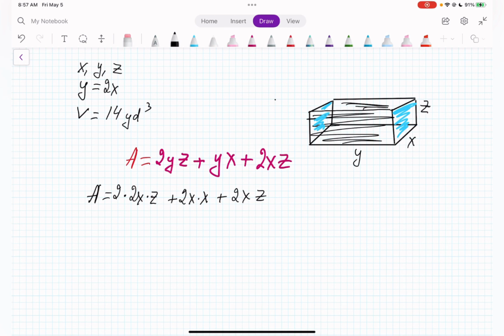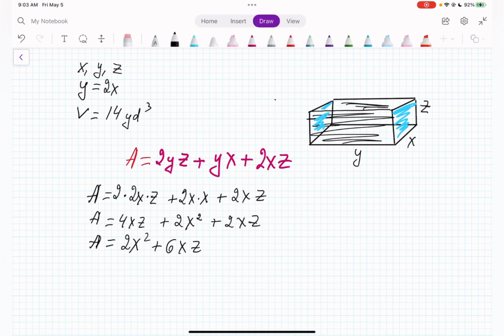So we are getting 4xz plus 2x squared and plus 2xz. And as a result, A is equal to 2x squared plus 6xz.